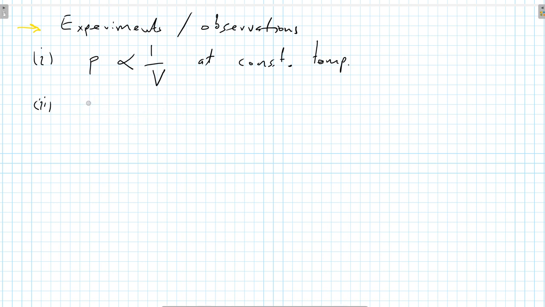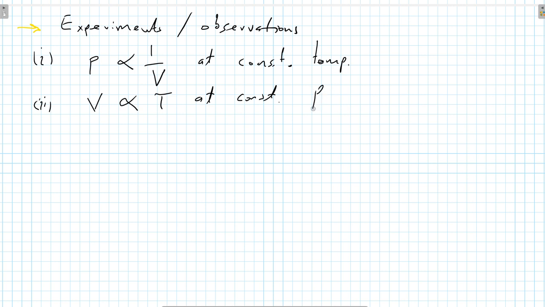The second observation is related to the volume and the temperature: the volume is directly proportional to temperature. If you increase the temperature, then the volume also increases proportionately, provided that the change in temperature or volume is done at constant pressure.